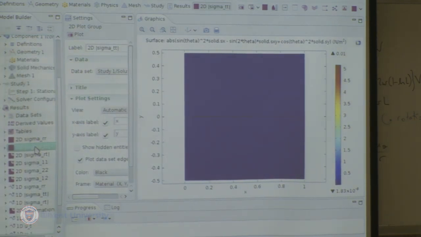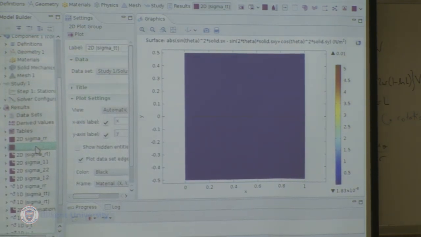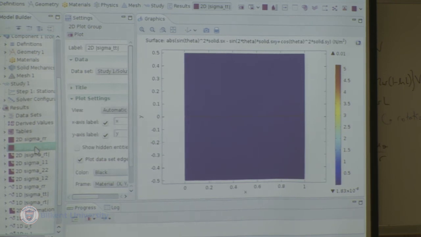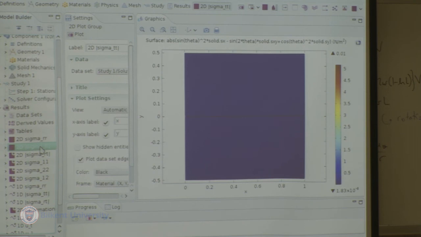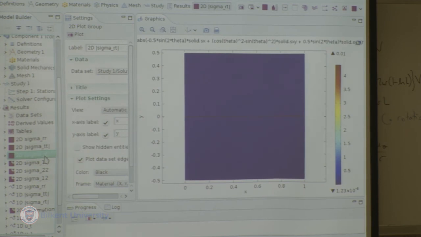They are really 0, almost everywhere. Okay, so I'm saying almost everywhere. Where it's not 0, it's a negligible part that is the defect of the numerical solution. So with respect to this picture where the variations are significant, sigma theta theta is 0 everywhere, okay? All the way to the tip of the point of application of the force. Sigma r theta, it's not an exciting picture, it's also 0.